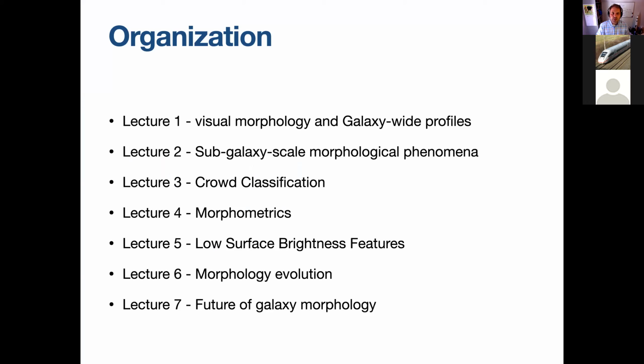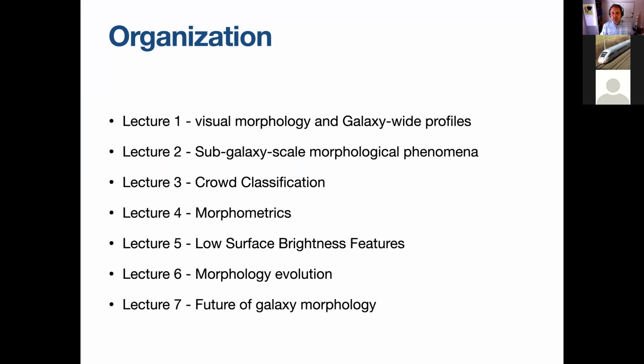So crowd classification. We talked about visual morphology as it has been done in galaxy-wide profiles, so Sérsic profiles, de Vaucouleurs profiles, and exponential profiles. And then we talked about sub-galaxy scale morphological phenomena, so anything that's basically within the galaxies, but about a kiloparsec or more in size.